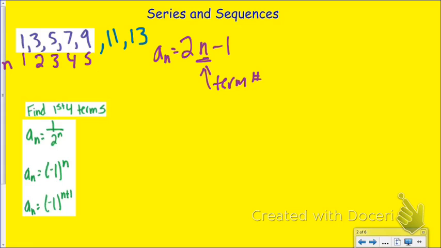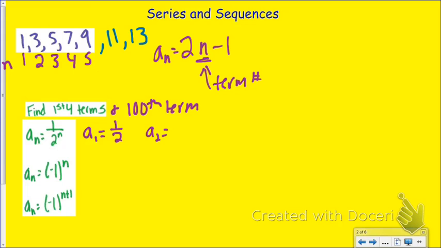So if you look down here at these examples, we're going to find the first 4 terms, and we're going to find the 100th term. For example, if I want to find the first 4 terms of this sequence, 1 over 2 to the n, I'm going to start with my first term. Remember, n stands for my term number, so the first term is denoted as a sub 1. So a sub 1 is 1/2.